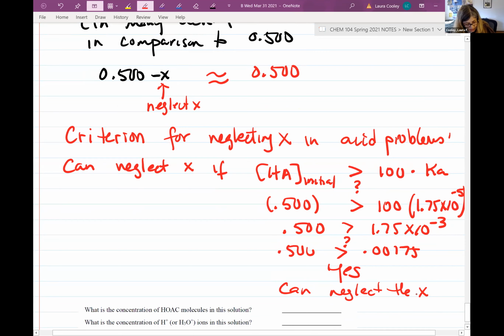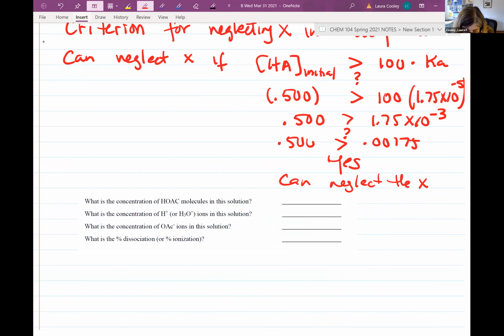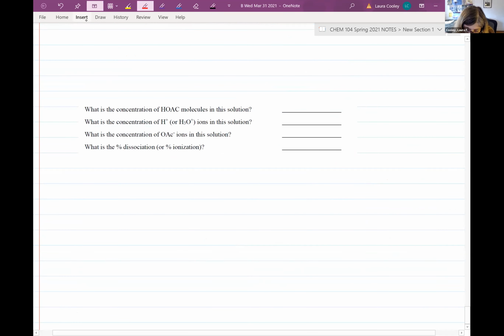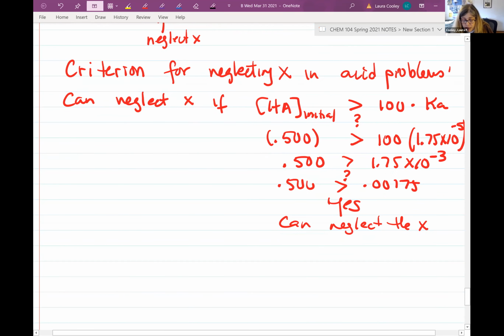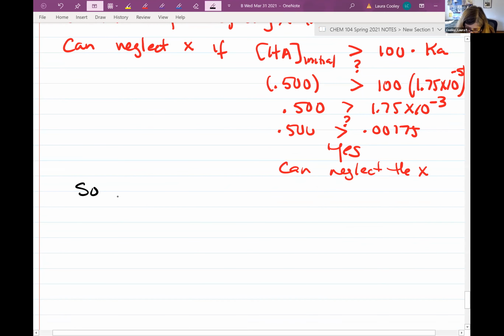Okay? All right. I don't know why I didn't give myself more space here, but okay. So how do we solve this problem neglecting the X? Well, it's so much easier.